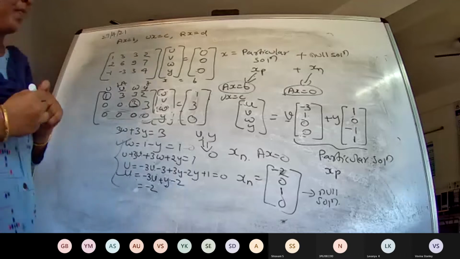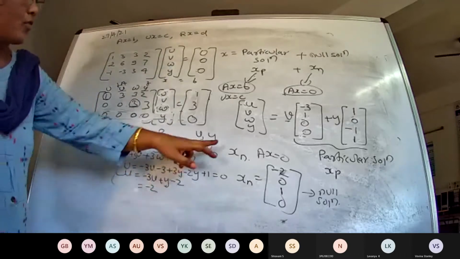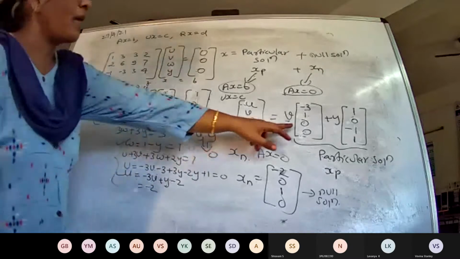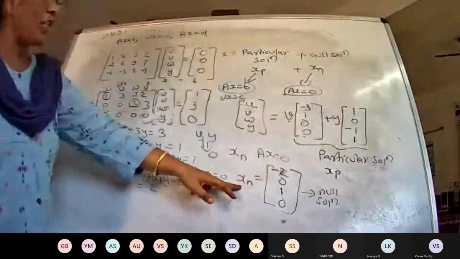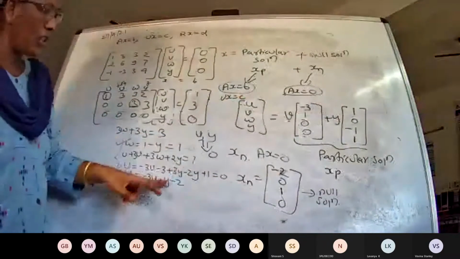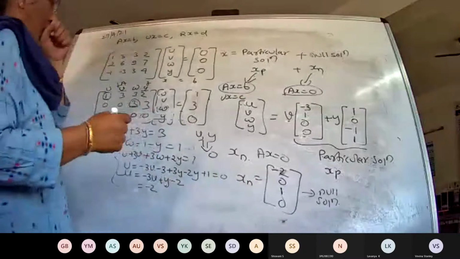Is it clear? From the expression, you came to know the free variables, you will be writing the coefficients of the free variables. Along with that, you will be writing only the constants. That constants itself, we can call xn.